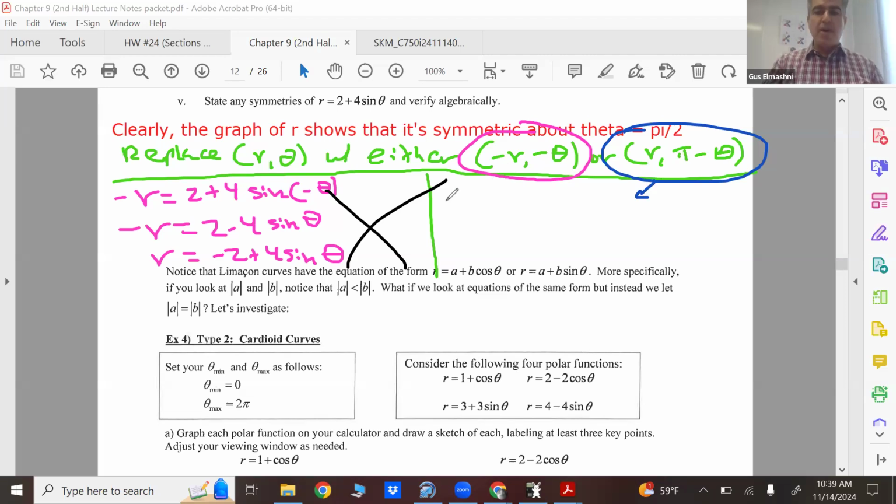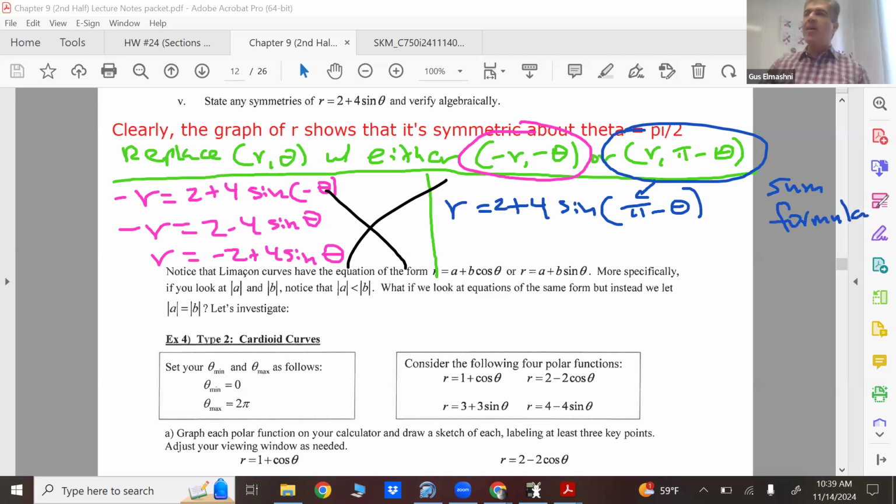All right. So let's replace r with r, and 2 plus 4 sine. Now replace theta with what again? Yeah. Now this is where the fun begins. Oh boy. I realized this at the end of class on Tuesday, like, oh crap, we only have a few minutes left.